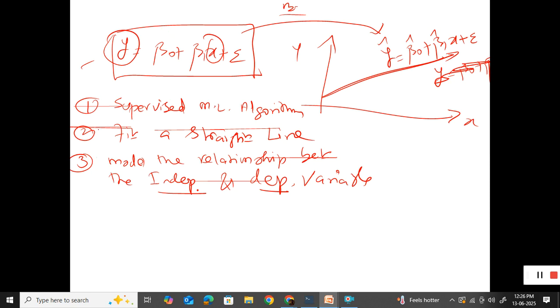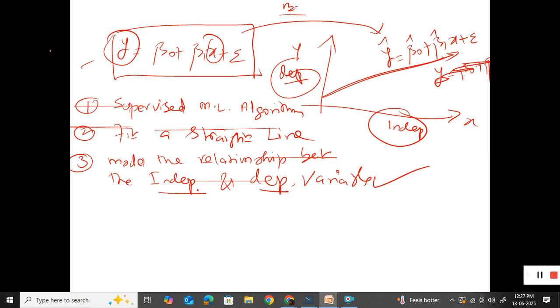To solve the regression problem, right? Because it models the relationship in a straight line: your x-axis is your independent variable, and y-axis your dependent variable. This straight line helps us to model the relationship between the independent and dependent variable. That is the third point.